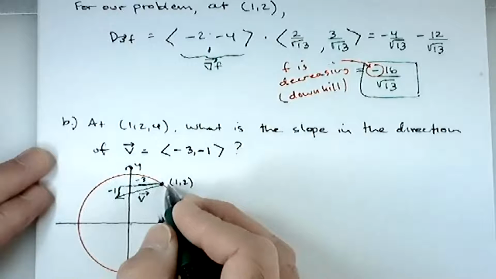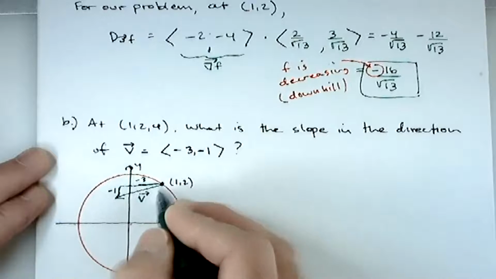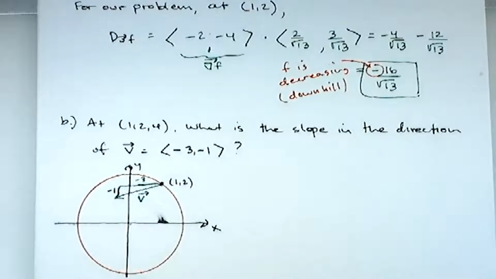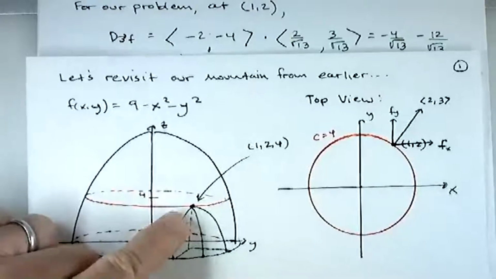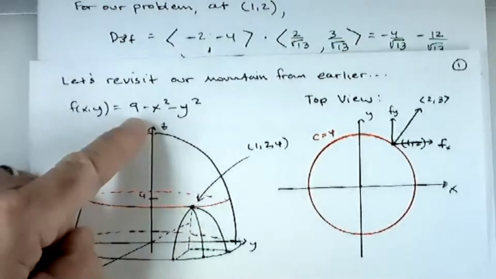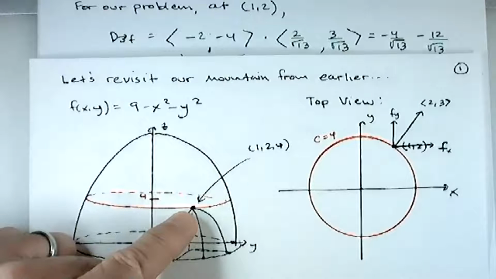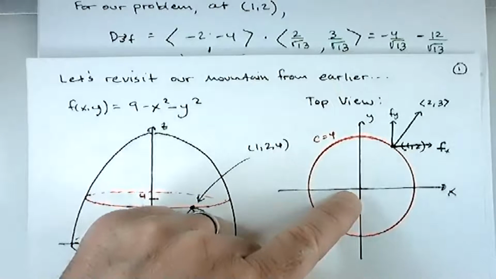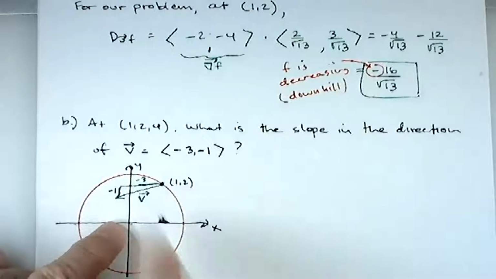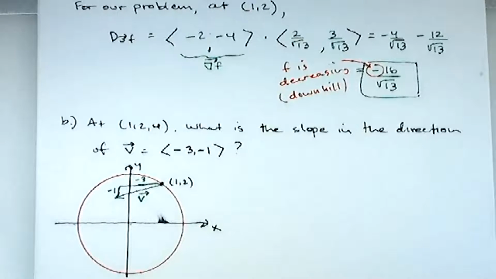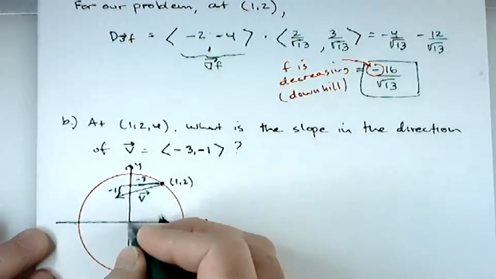Before we even do the problem, what would you suspect? That's why I like to start with this particular problem, because we can visualize. You won't always be able to do that if I give you some random function. Remember that the peak of the mountain is the origin. What kind of slope would you expect here?